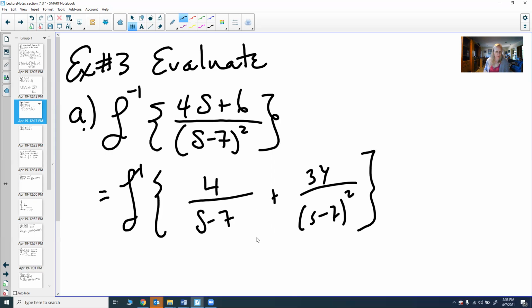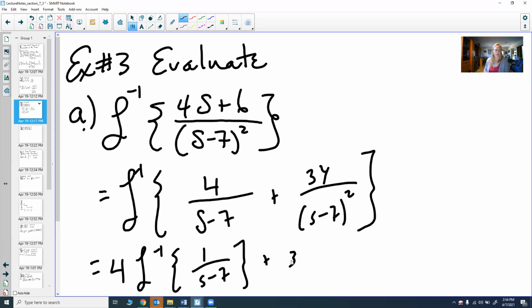So using technology, you find out what that is. Then we can separate this up, and this is 4 times the inverse Laplace of 1 over s minus 7 plus 34 times the inverse Laplace of 1 over s minus 7 squared.